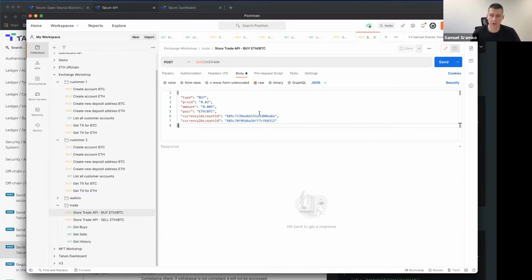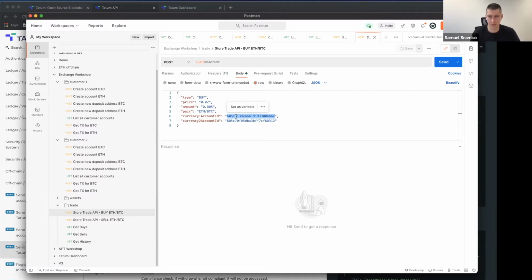There is a strong connection between the currencies in the pair and the account IDs, which are later here. Because me as a customer, I want to buy Ethereum and sell Bitcoin. So I need to enter the currency one account ID, which is the account of currency Ethereum.